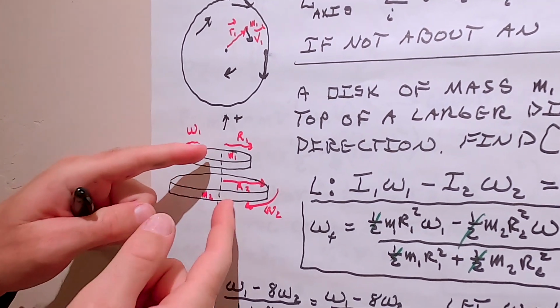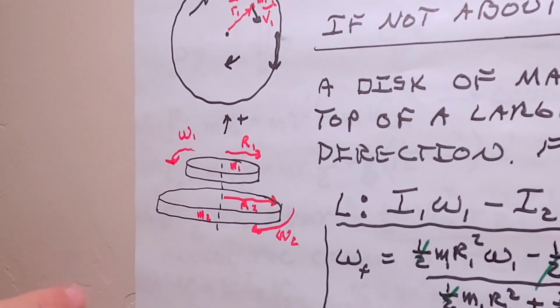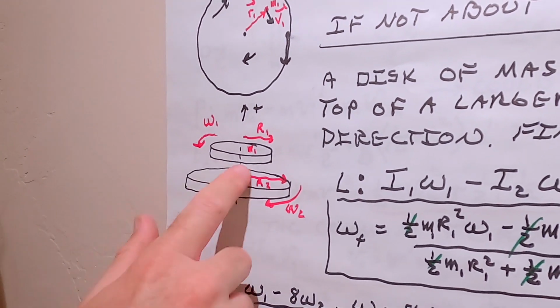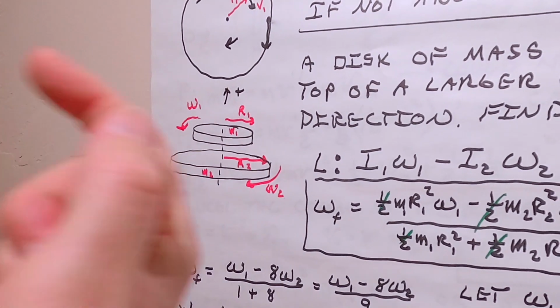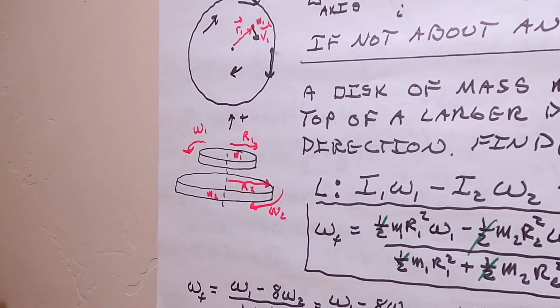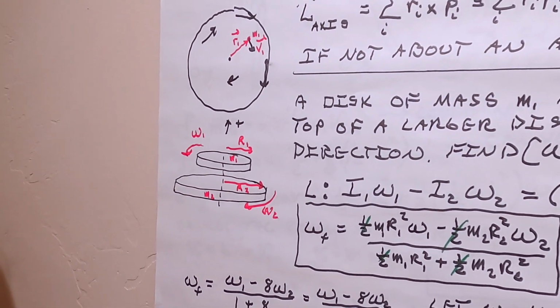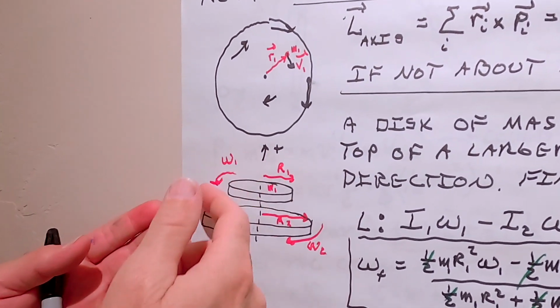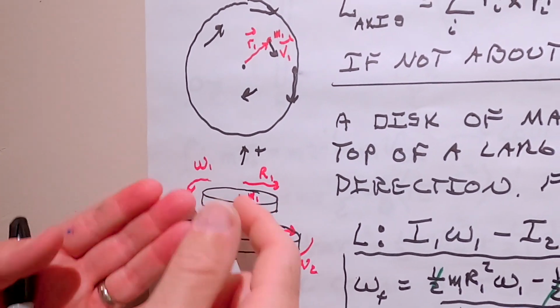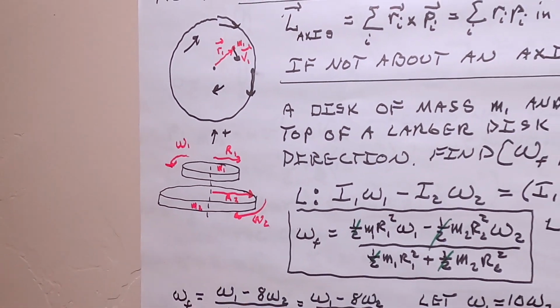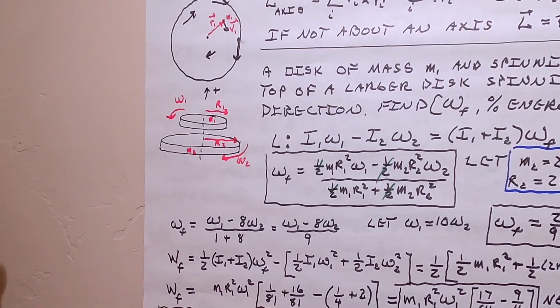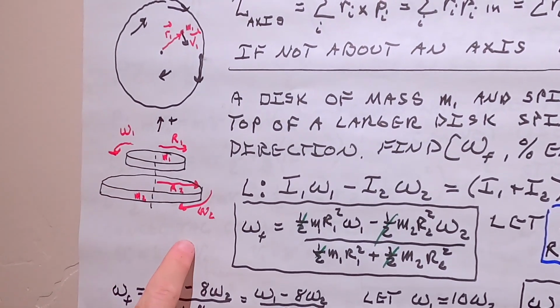Well, then what are they going to do? There might be a little bit of slipping going on, but eventually they'll be moving together. And if we look at the torques, any torque that these guys exert on each other, the frictional ones, they're all going to cancel because we're looking at the entire system.